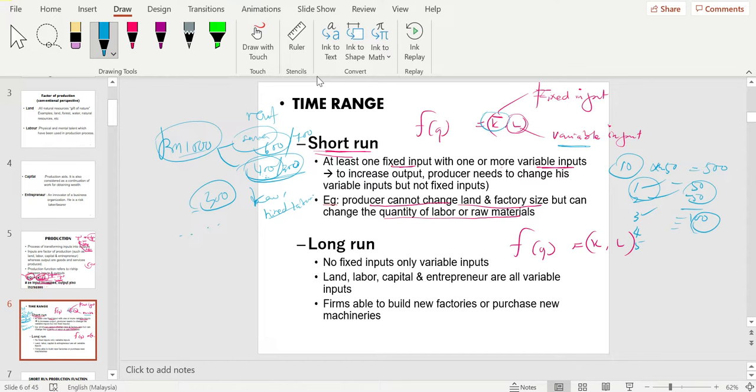While in the long run, look at the production function. There will be no flat part for the input there. No flat part here. This flat part here. There is none.